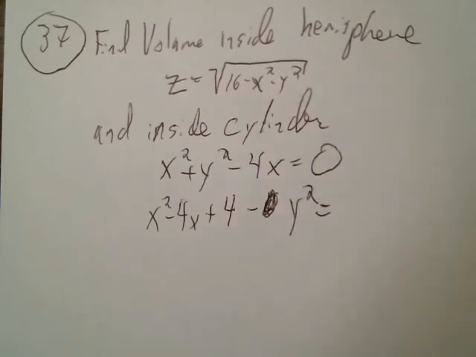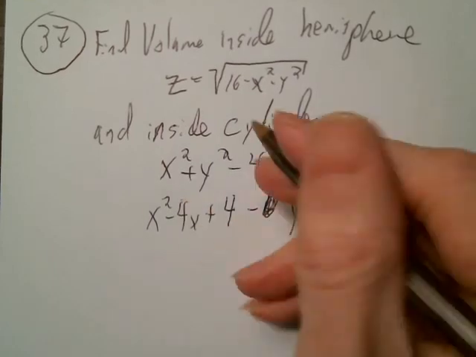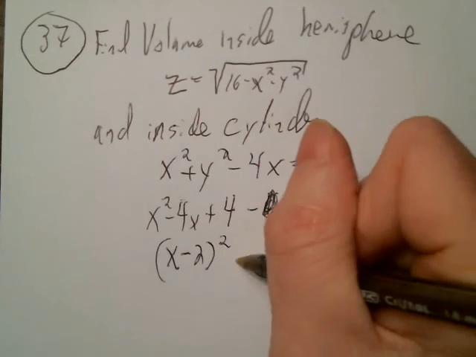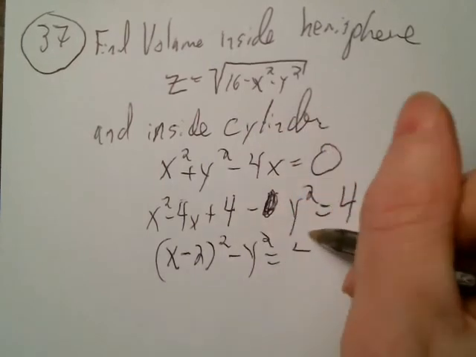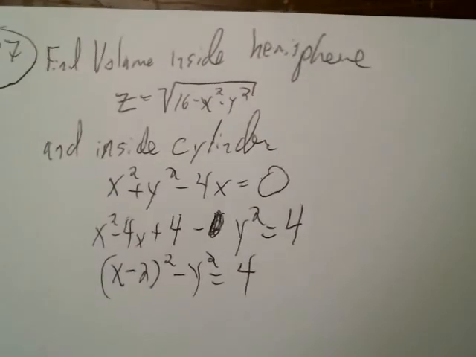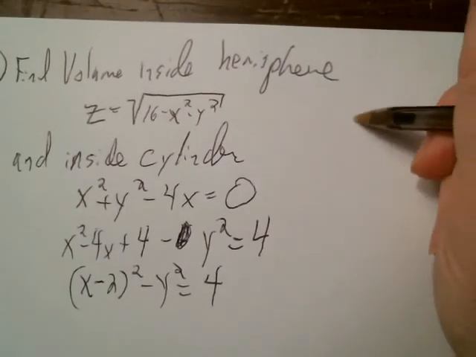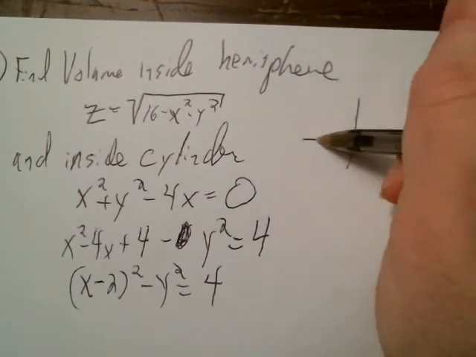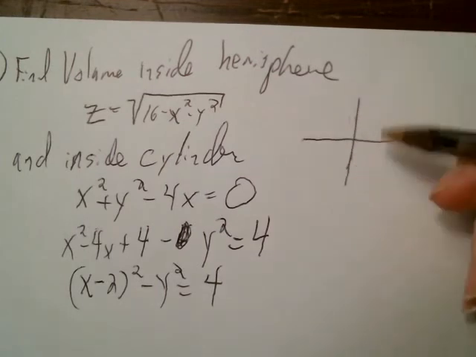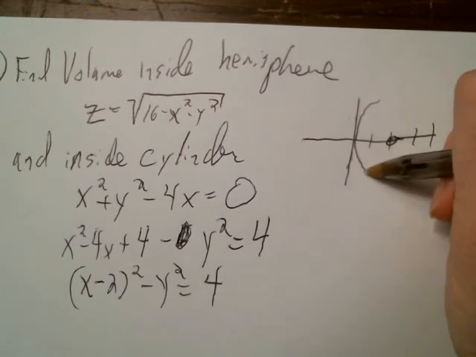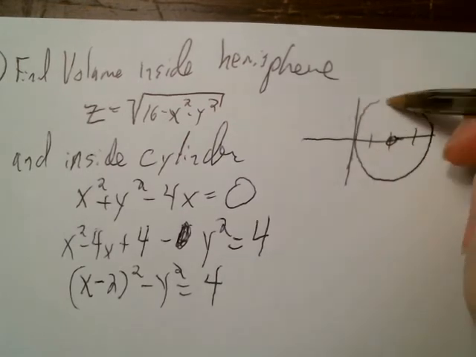And on the other side, I'll have to add in another 4. Complete the square, and we get x minus 2 squared plus y squared is equal to 4. And this is a cylinder such that in the xy plane, the center is at 2, 0, and its radius is 2, so it looks like this.